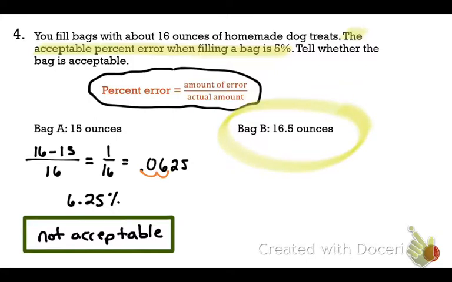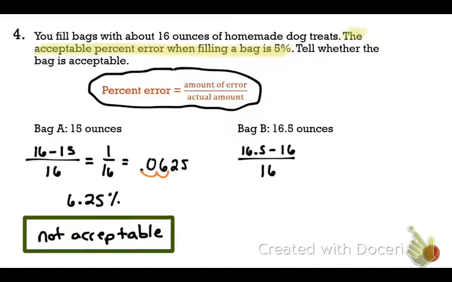And this time, how much was in bag B? 16.5 ounces. First off, how much was your error? You take your bigger number and subtract the amount it was supposed to be, right? And that will give you your amount of error over the actual amount. How much was the bag supposed to be? 16.